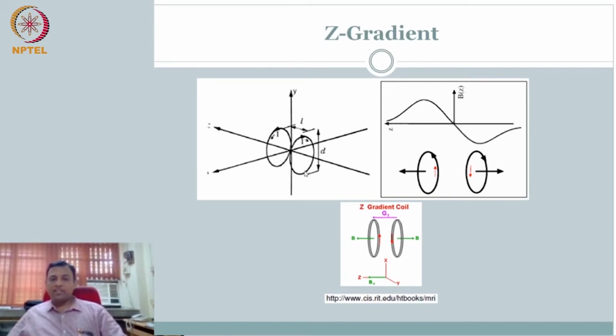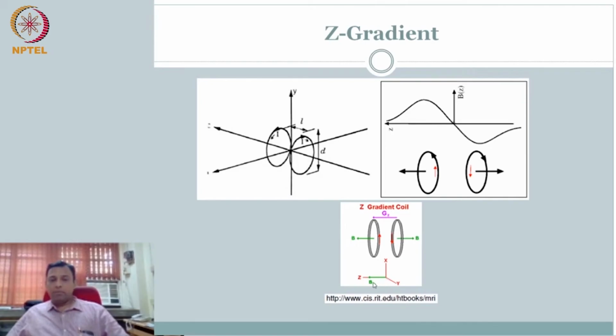So changing the Z gradient or the Z coil enables us to change the field strength in the Z direction. To put it into the coordinates here, X, Y, Z, right? Now Z is along the patient. So your B naught is always in the Z direction. The Z coil essentially gives this gradient GZ, right?